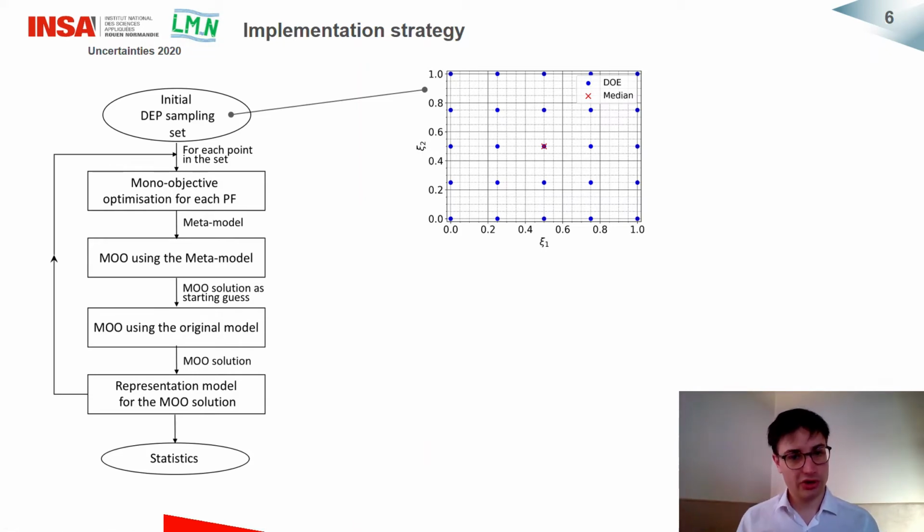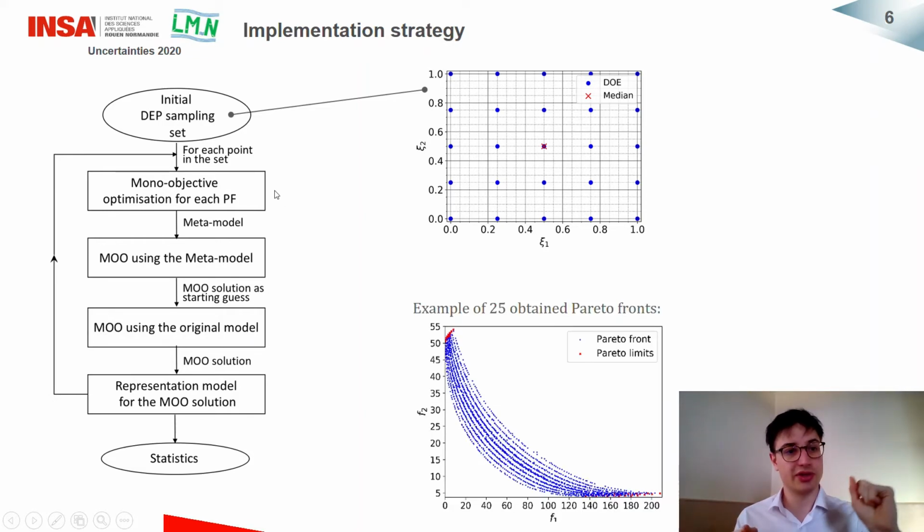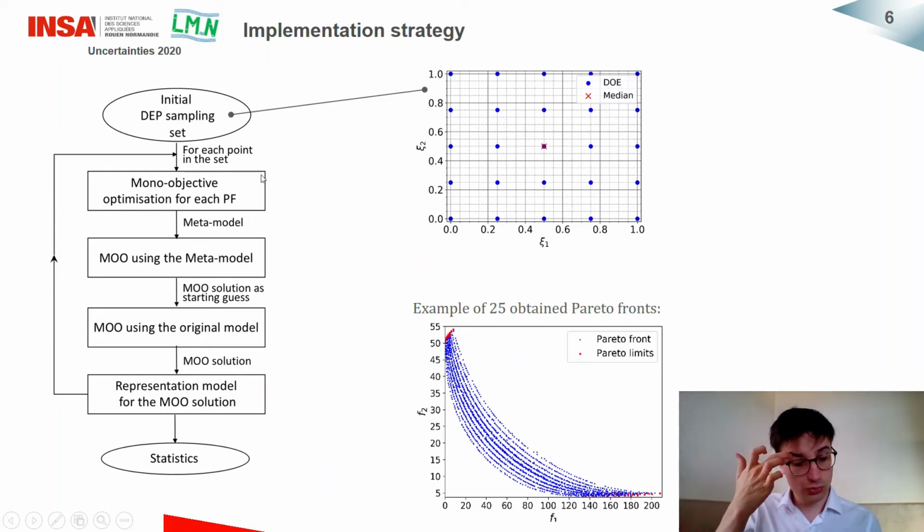Then for each data point, for each blue point, we perform a multi-objective optimization to find a corresponding Pareto front. So our enhanced methodology is the next one. We start from the mono-objective optimization for each performance function in order to capture the two extremities of the Pareto front. In order to converge quickly, we are using the Pincus formula in order to get an initial point approximation.